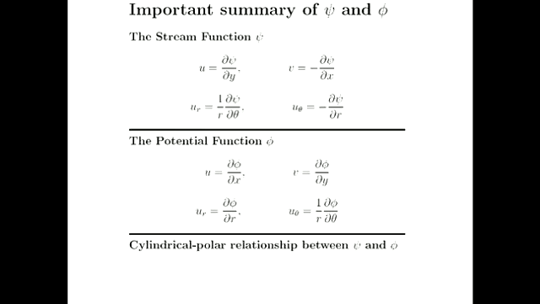You could also write out a similar relationship in cylindrical polar coordinates. If I equate the radial components of velocity, I get that 1 on r d psi d theta is equal to d phi dr. And if I equate those azimuthal components of velocity, I get that minus d psi dr is equal to 1 on r d phi d theta.